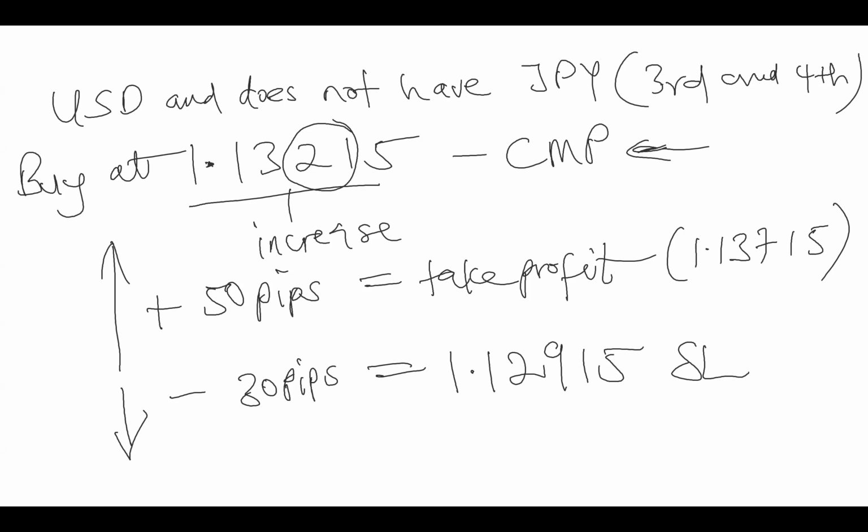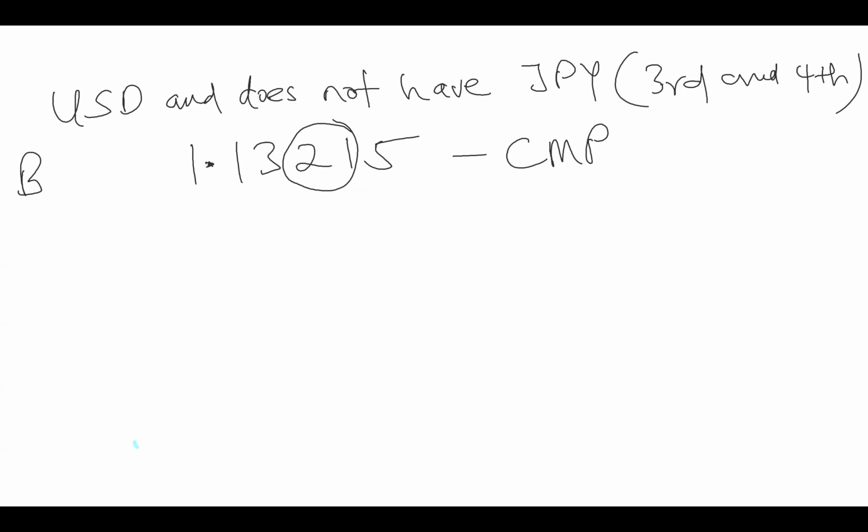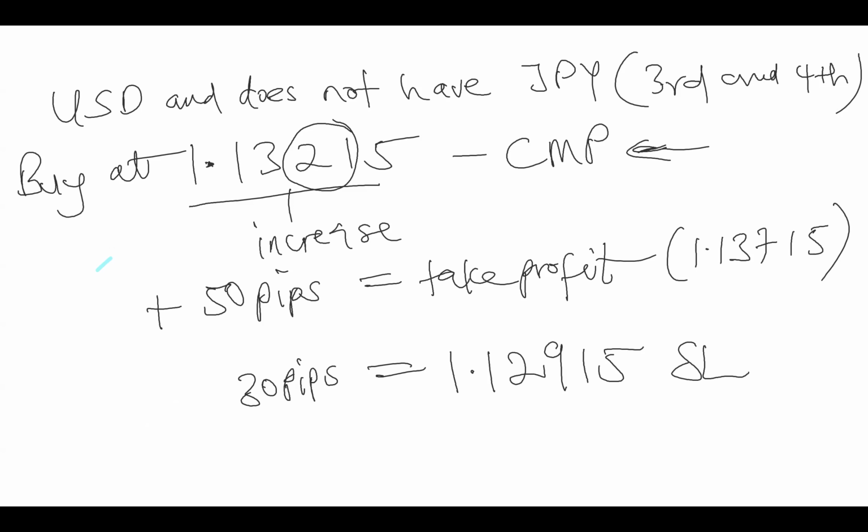Now, this was a buy example. Now, let's try out a sell example. It's going to be different. For sell, where's the market going? If we're expected to sell, is the market direction going to go upwards or is it going to come down?